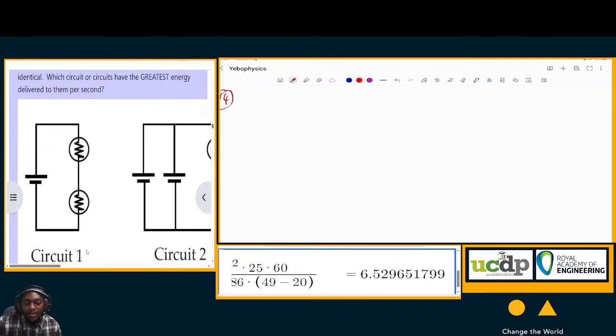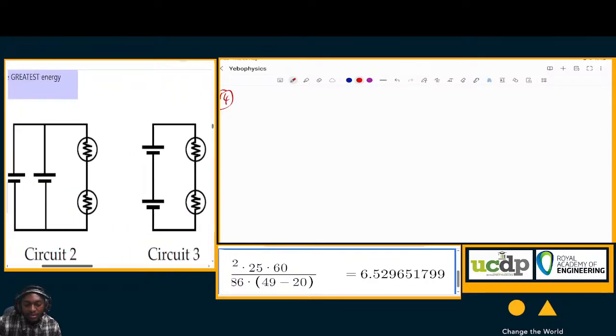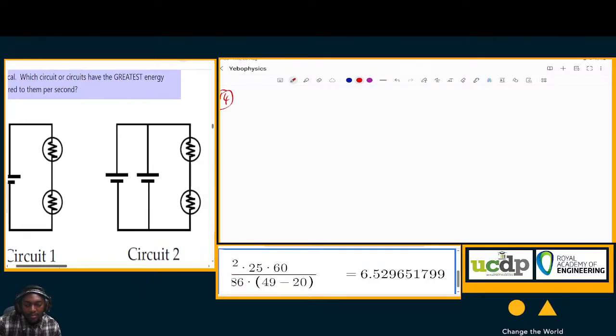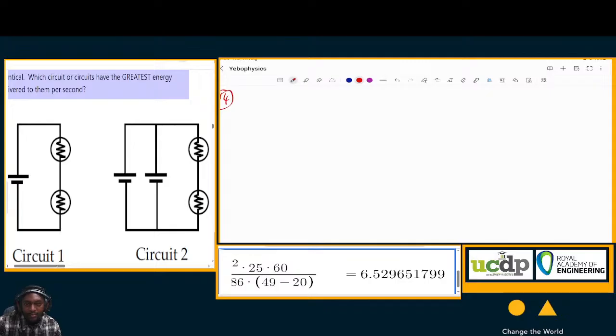So the first one, you've got two bulbs connected in series, and you've got one power supply.